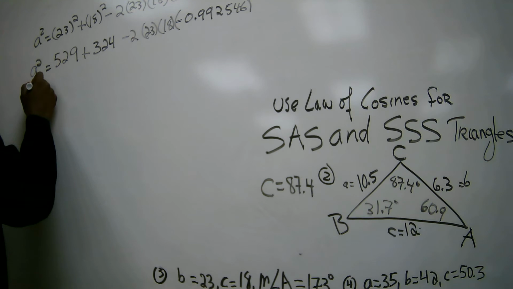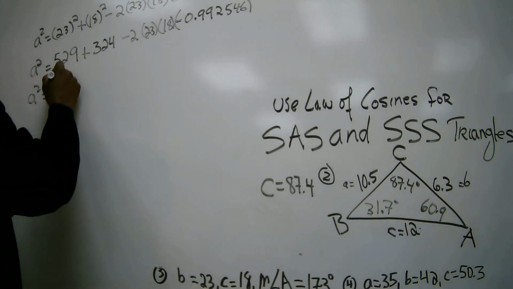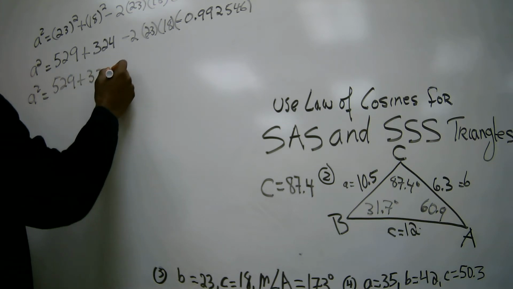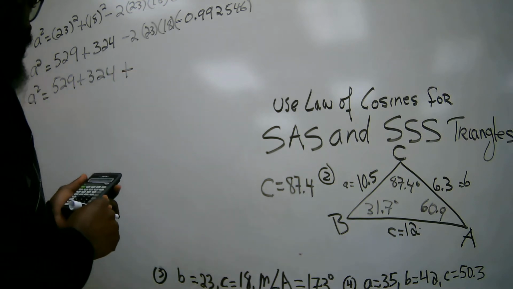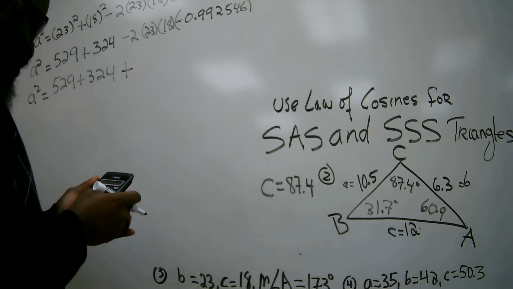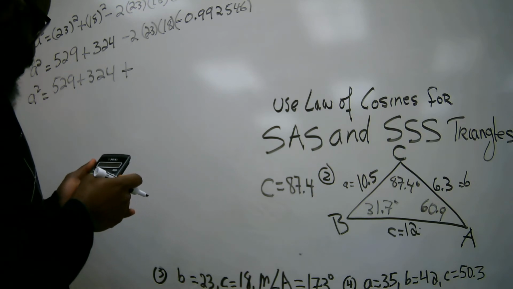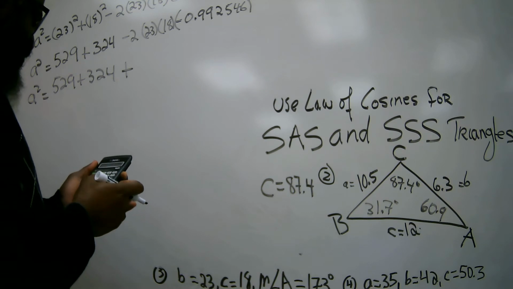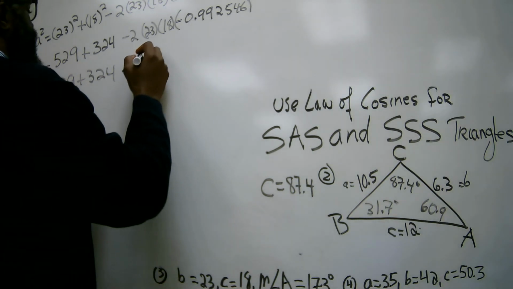Then you will have A squared equals 529 plus 324. Since you're multiplying two negatives, it is going to become a positive. That's what I want you to be aware of. Times 2, negative, times 23, times 18, and I get this to be 821.